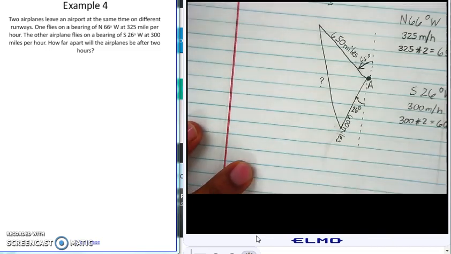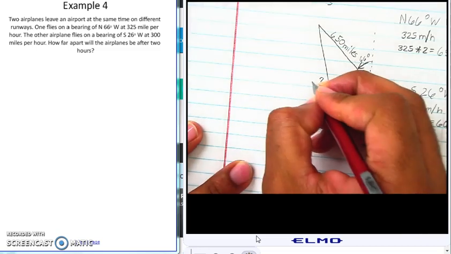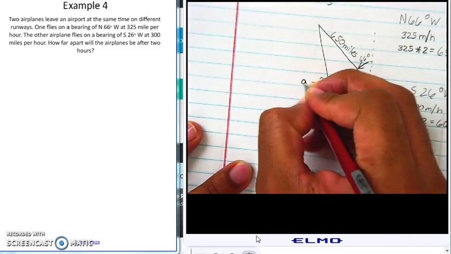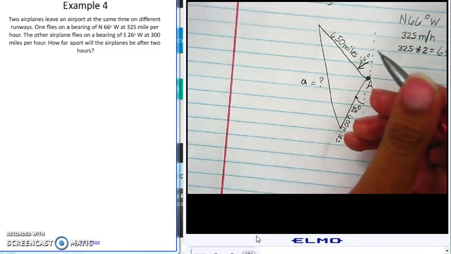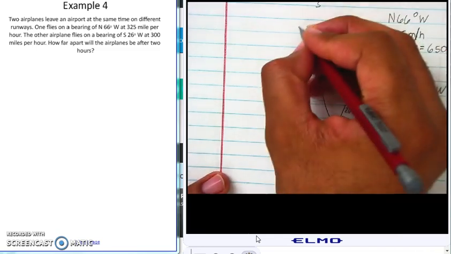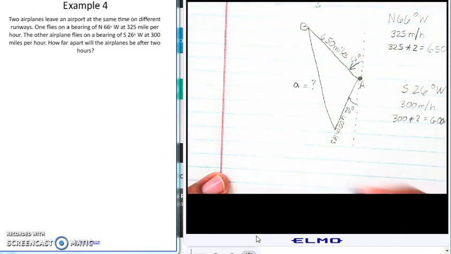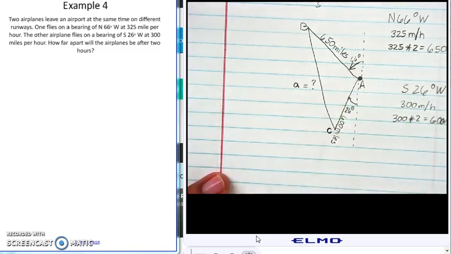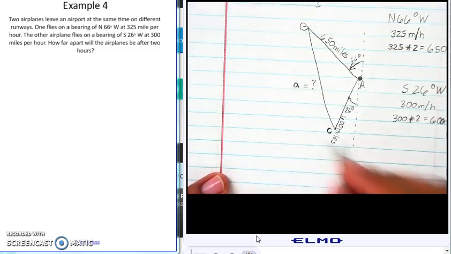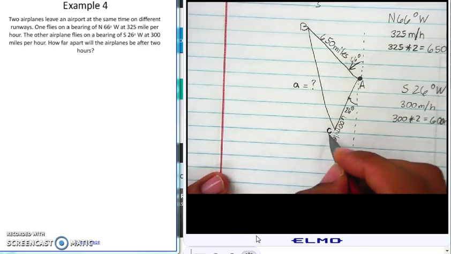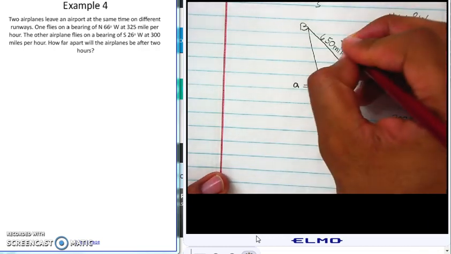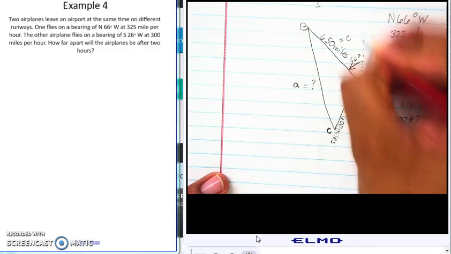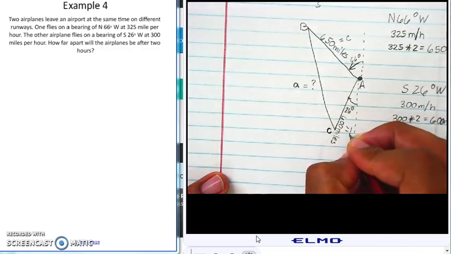We're going to label this as side A. And then the other ones you can label however you want to. So I'm going to say this is side B here, and this is side C right here. It's up to you. This is angle B. This is angle C. So that means this is side C. This is side B.